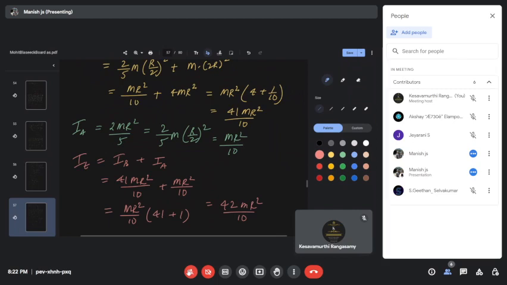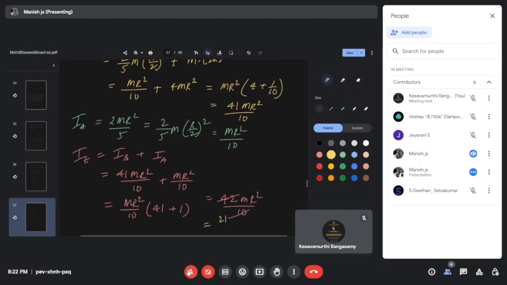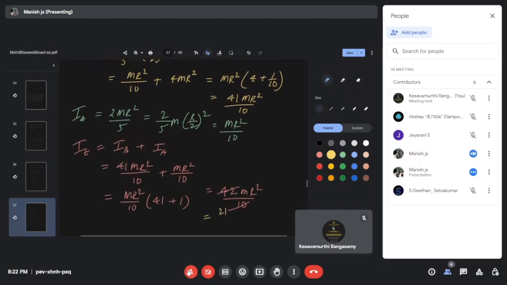So you can go for a simplification. So you simplify it and then you try to find out what is the final expression. Okay, that's it. Simplify it, add them, simplify it, and then find out the total expression. What is the final answer that you're getting? You can go for a cancellation, right? So when you cancel, 2 2s are 2, 1s are, so I think you get 21 mr squared by 5.